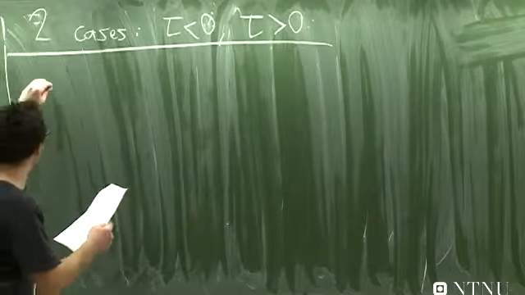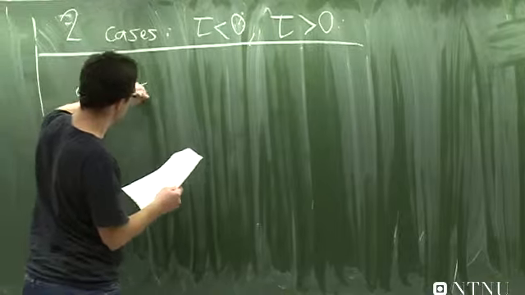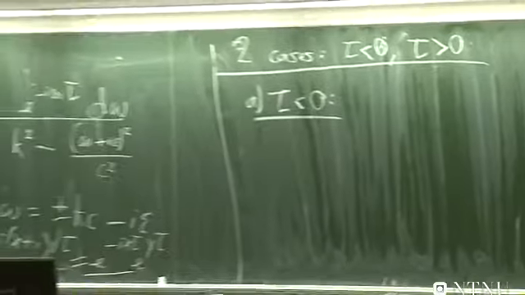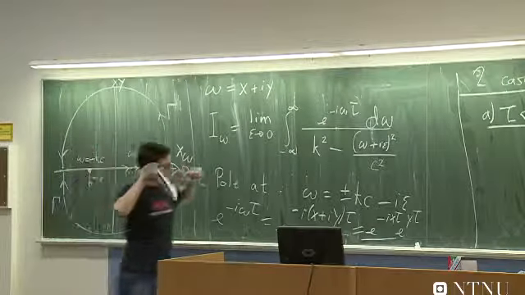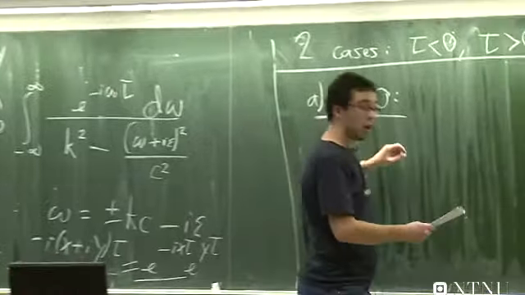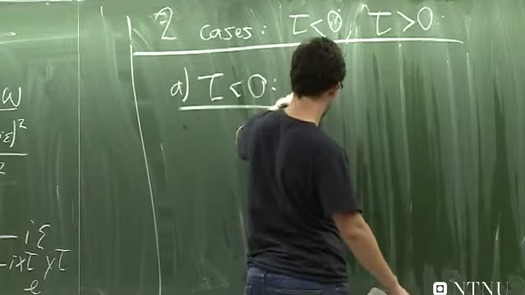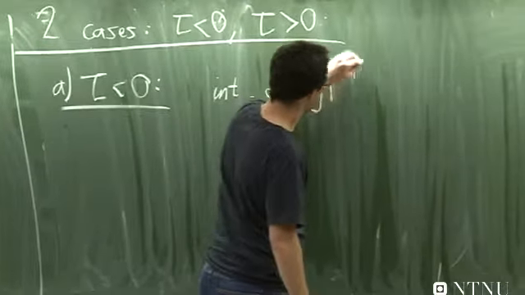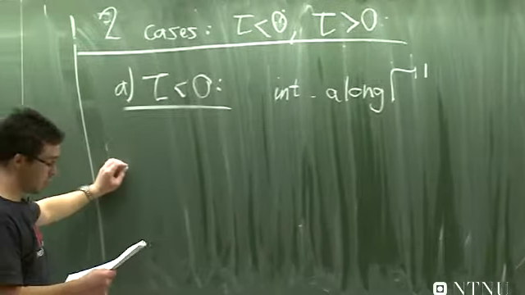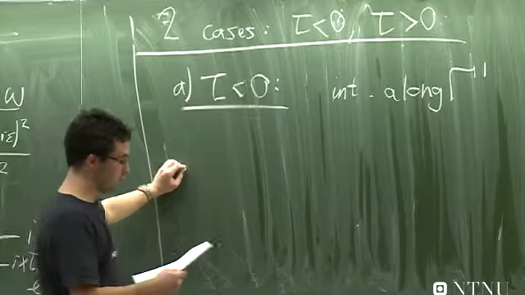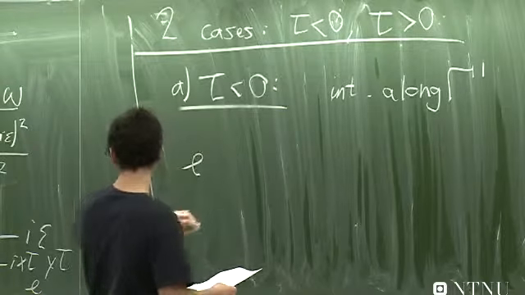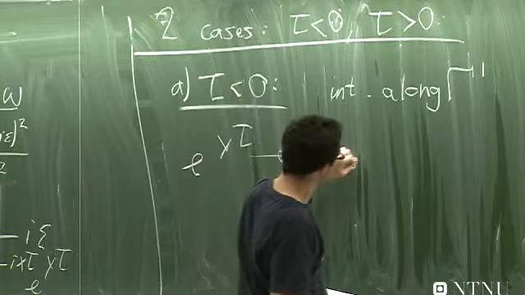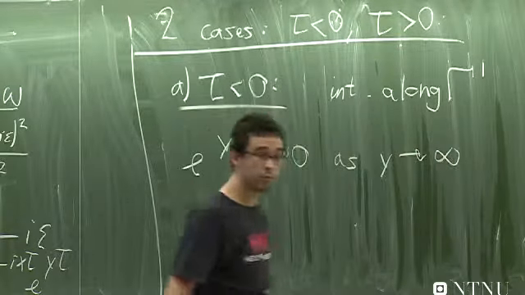So we start off with tau less than 0. Then we integrate along, let's see, this was gamma prime, so I integrate along gamma prime, because then e to the y tau goes to 0 as y goes to infinity.